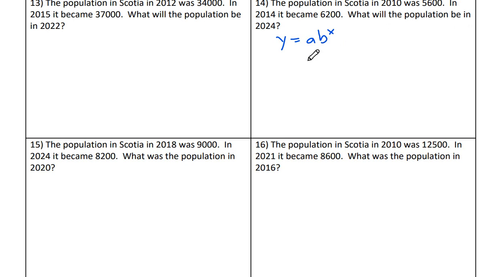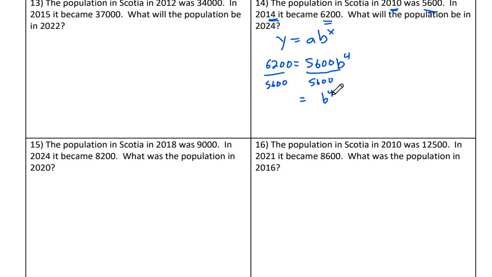All right, so we know that we start with 5,600. We know we're going to end up with 6,200. We don't know the rate of population growth or decay, but we do know that it takes 4 years to get to this new population. So I'm going to solve this to get my rate of growth, or in some cases, decay.